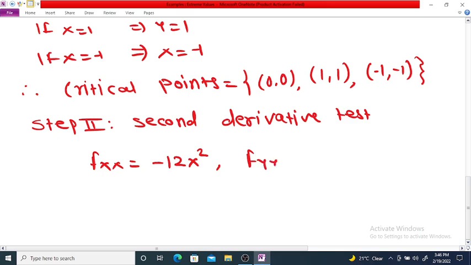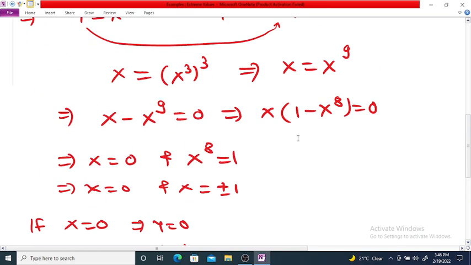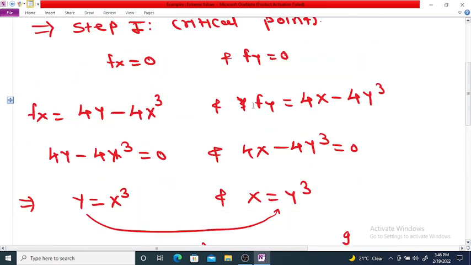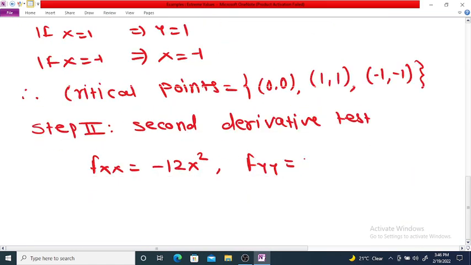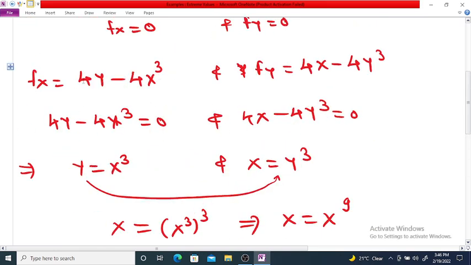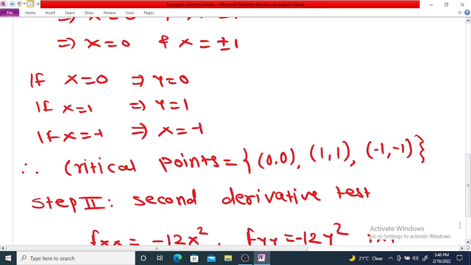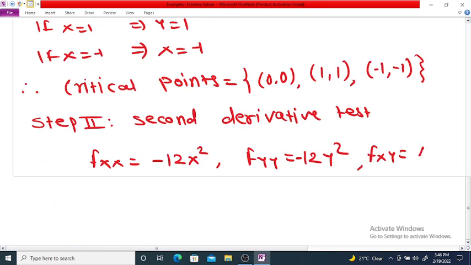What is f of yy? It is minus 12y square. And what is f of xy? The derivative of f of x with respect to y is equal to 4.